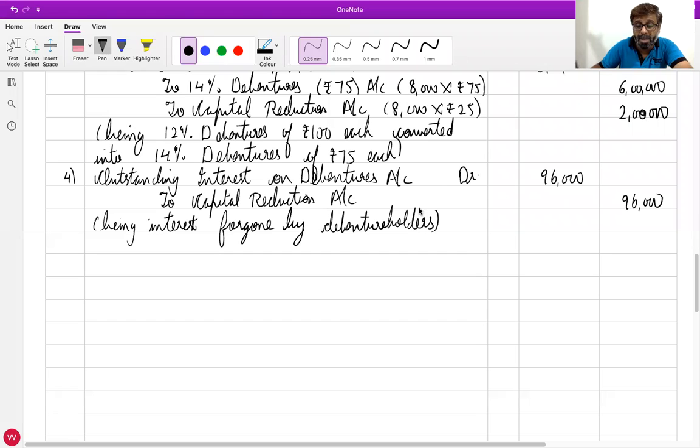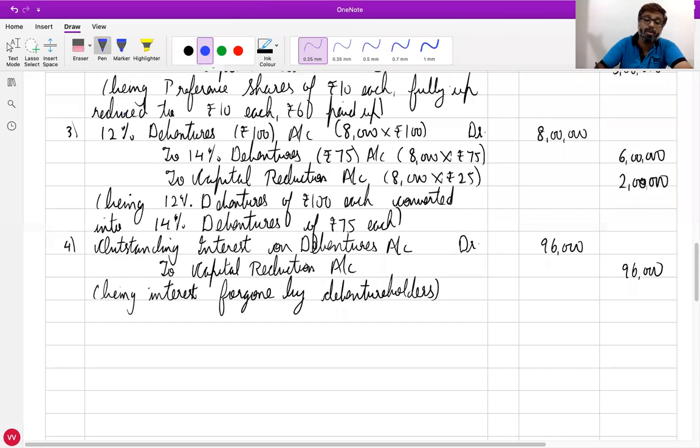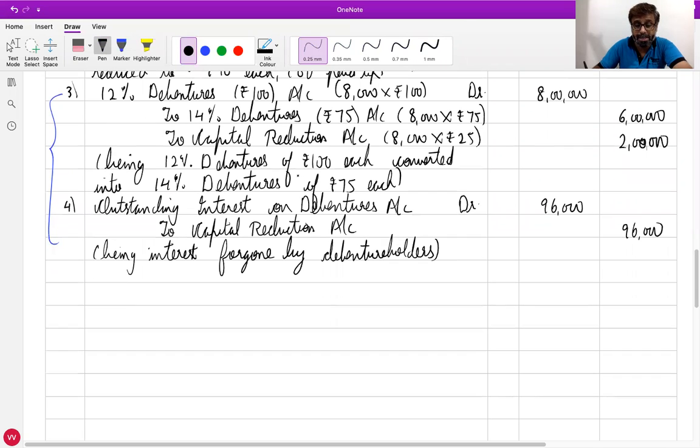Abhishek Raval from OP, unmute yourself. Tell me the posting of the third and fourth journal entries. How will we record in capital reduction account? On the credit side of capital reduction.